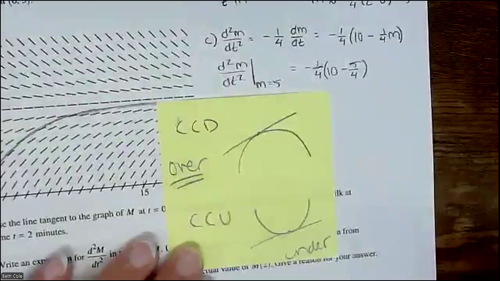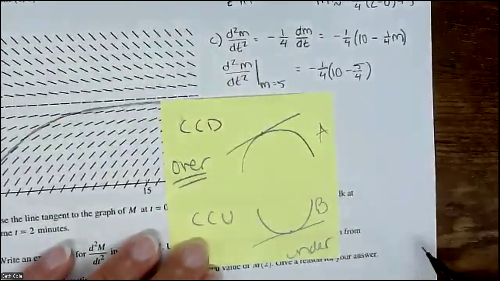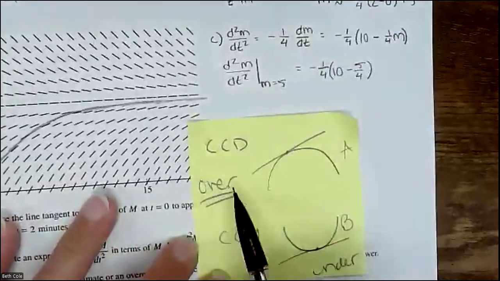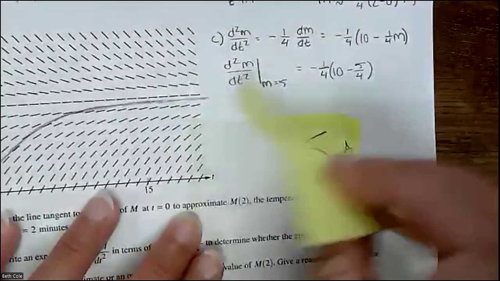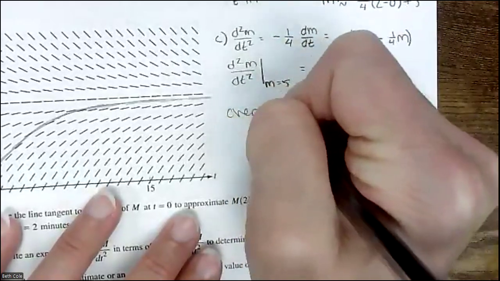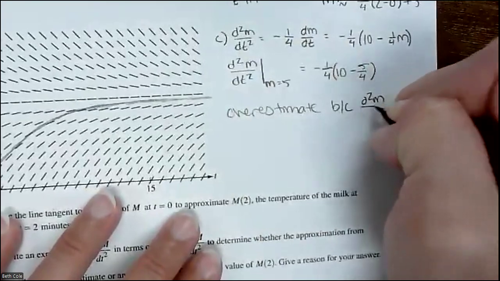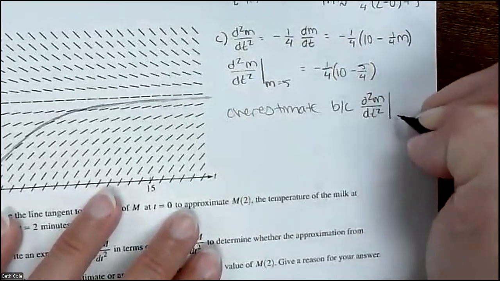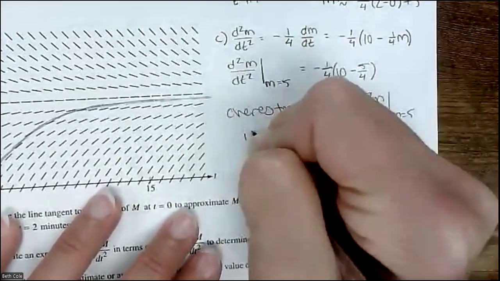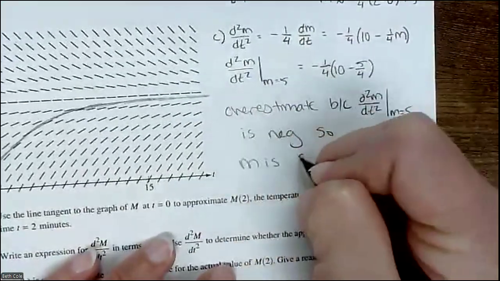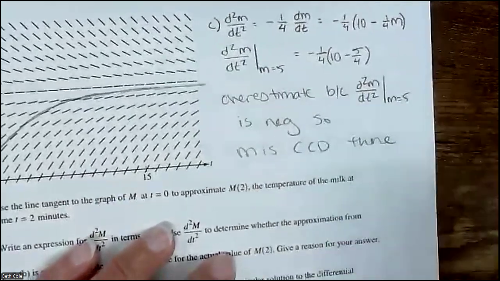Okay, so which one of these, choice A or choice B, have we got here? Choice A, concave down. So we're going to say overestimate. Good job. Because the second derivative at m being 5 is negative, so m is concave down there.